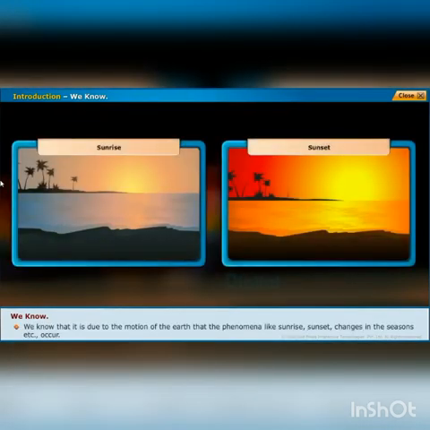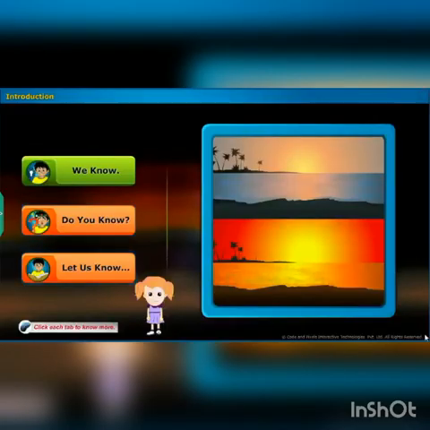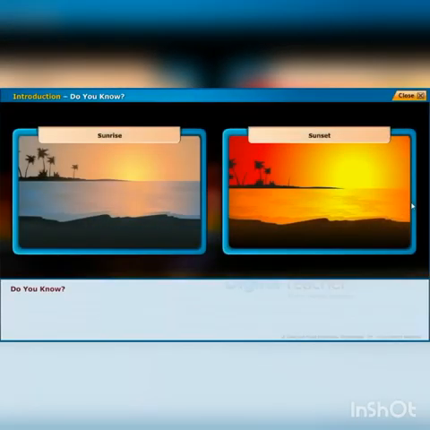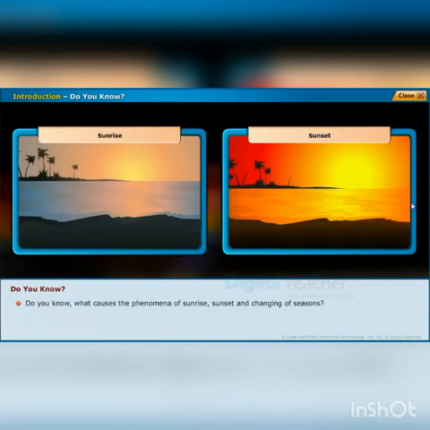We know that it is due to the motion of the Earth that phenomena like sunrise, sunset, and changes in the seasons occur. Do you know what causes the phenomena of sunrise, sunset and changing of seasons?